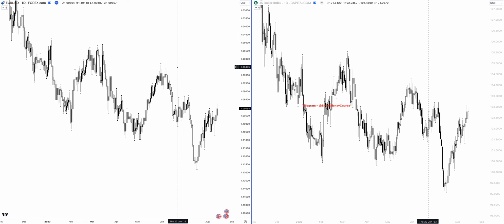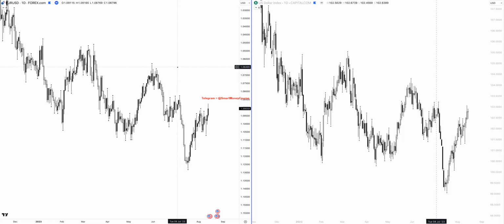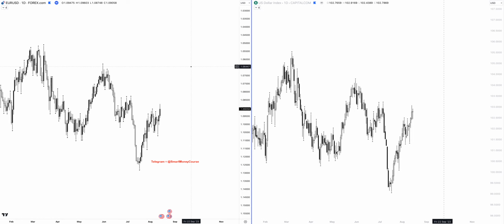Am I selling the euro because technically it makes sense, as well as the dollar quite clearly heading towards a liquidity pool on the higher time frames, or because our EOF is in sync and it's quite clear that we've mitigated discount or premium and we're putting the next continuation leg? That's all we're doing. We're reading it the same way. So that's going to really help you.